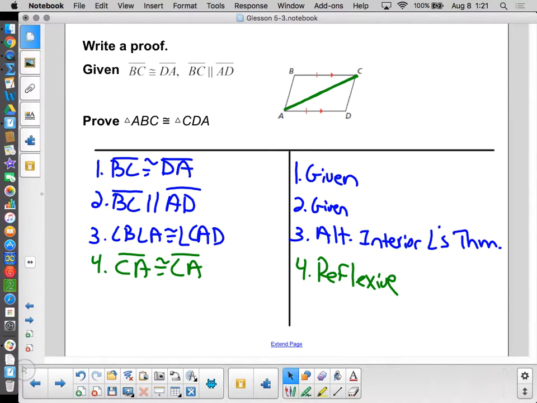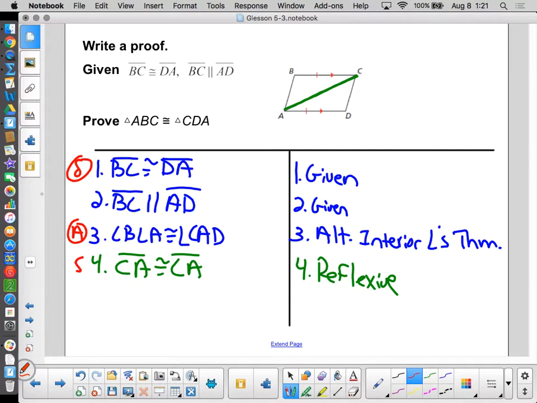Now I look over my proof. I have 1 pair of congruent sides. I have 1 pair of congruent angles. I have another pair of congruent sides. They are indeed in the correct order. Side, angle, side. Therefore, I must have triangle ABC congruent to triangle CDA.